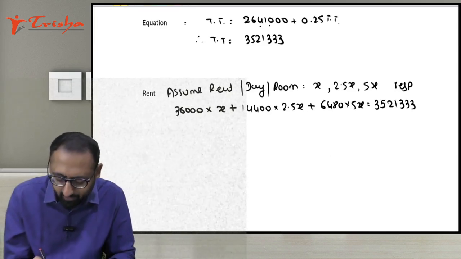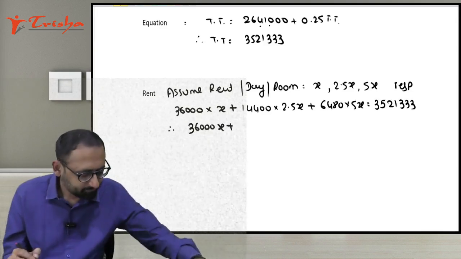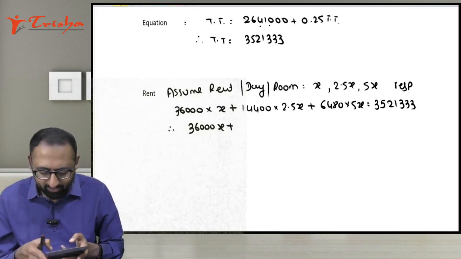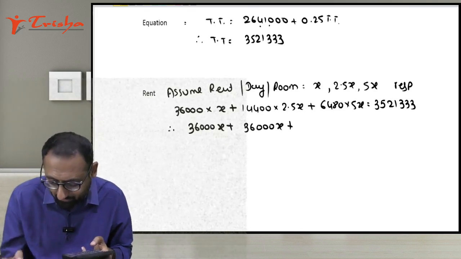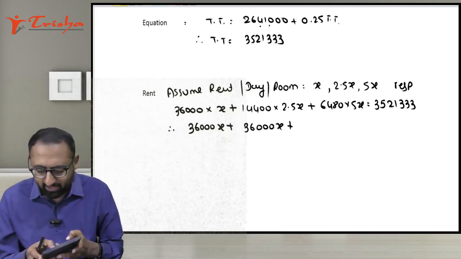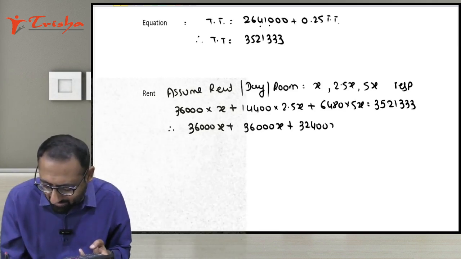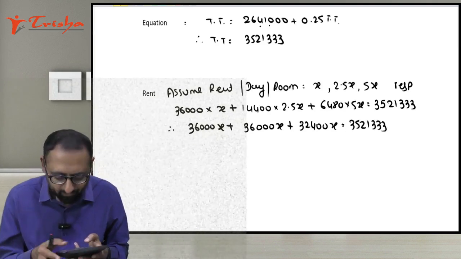Number of rooms multiplied by fare per room per day is equal to total taking, 35,21,333. So it will be 36,000x plus 14,400 multiplied by 2.5, which is 36,000x, plus 6480 multiplied by 5, which is 32,400x.